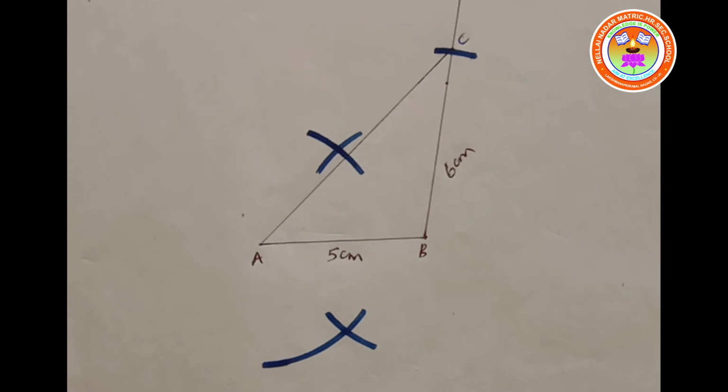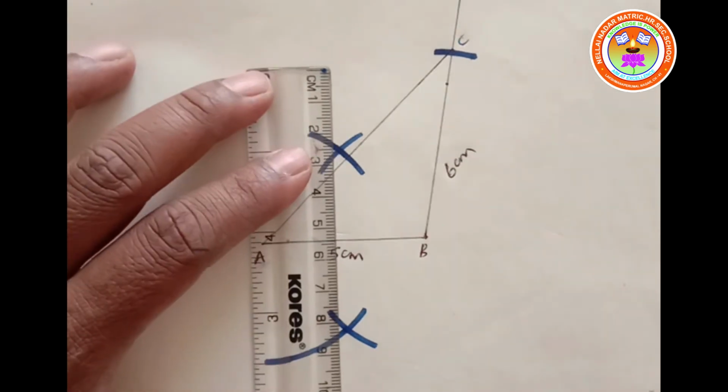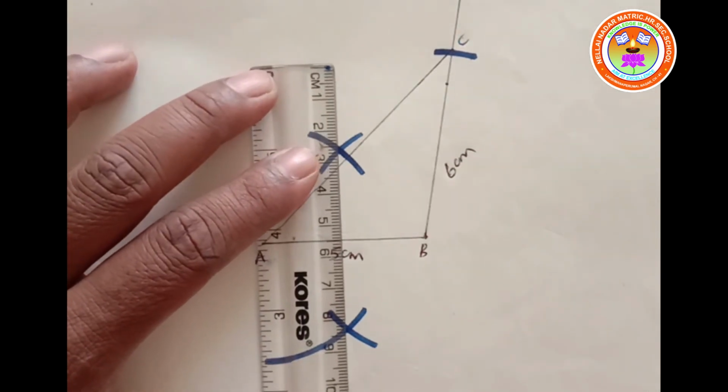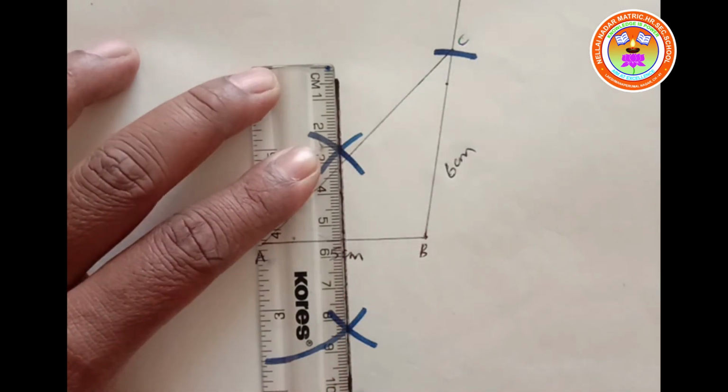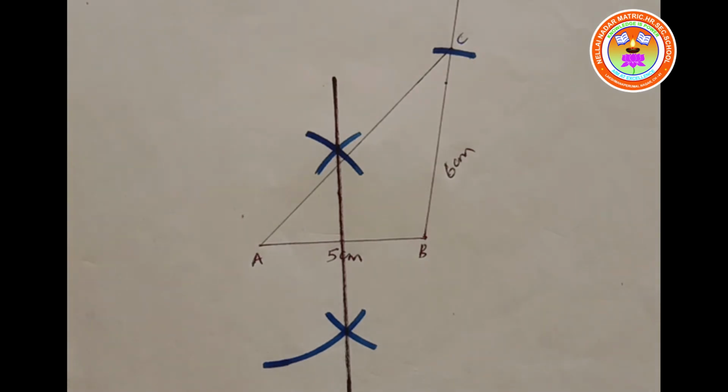With the help of scale, draw a perpendicular bisector. It's clear, children?